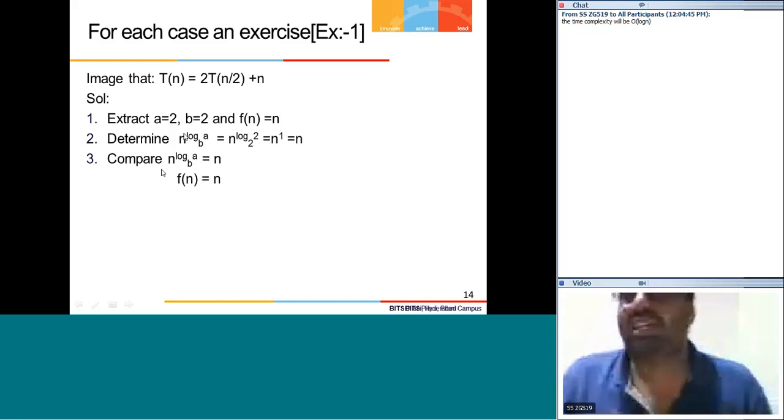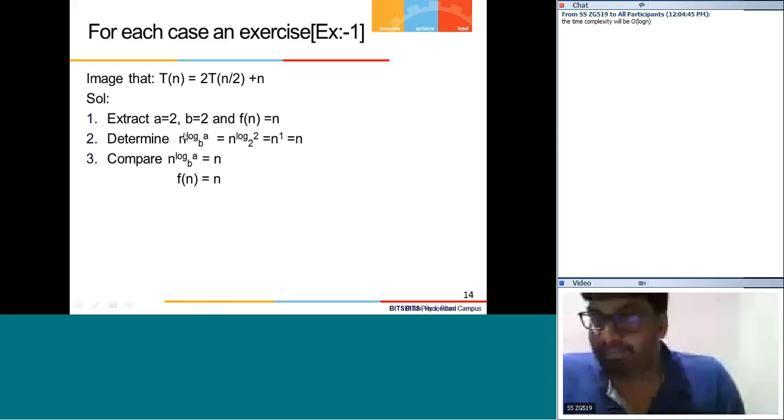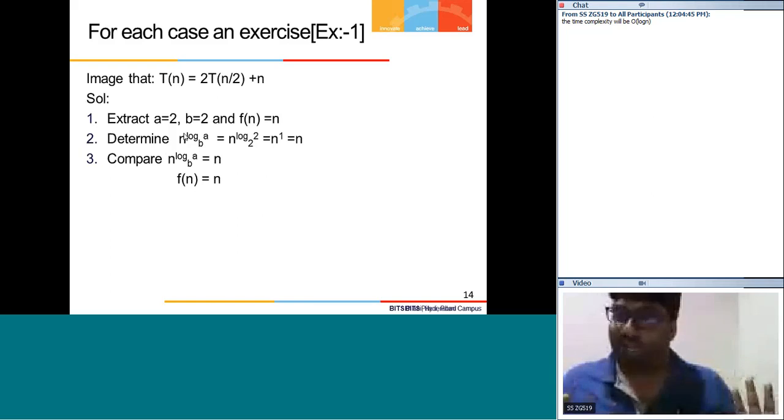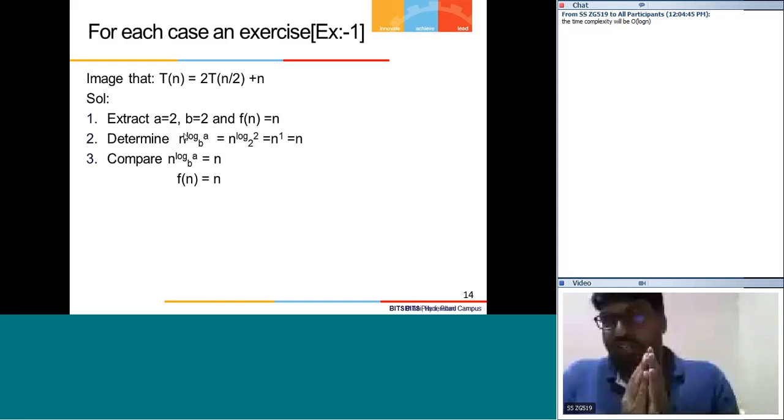What is the comparison here? If n is equal to n, you can say the two values are equal. Till this step, everyone should be okay. It's a simple extraction, substitution and comparison. There is no doubt, and when you compare, you understood that the values are equal.